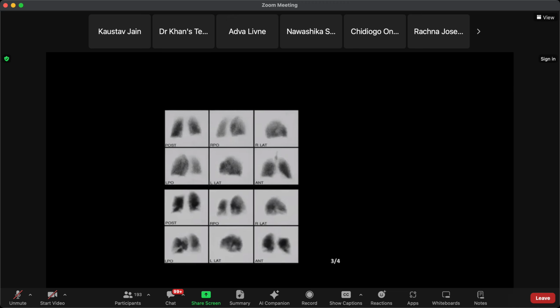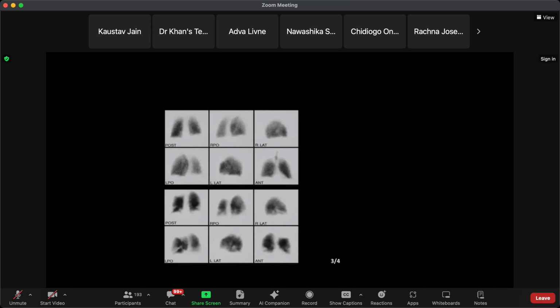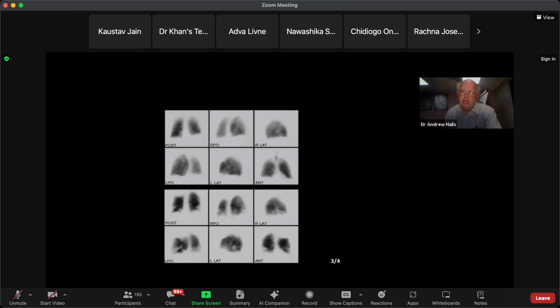And so what would this be? Okay, so the top 6 images are ventilation and the bottom 6 are perfusion images.